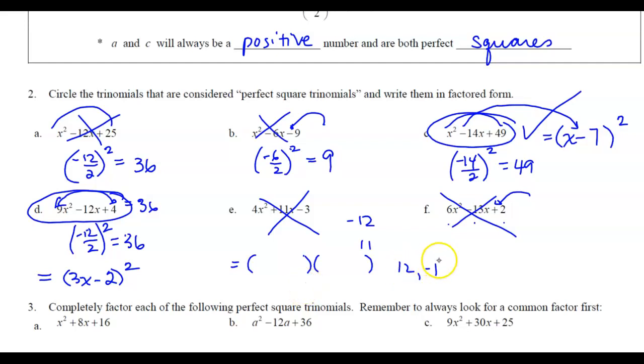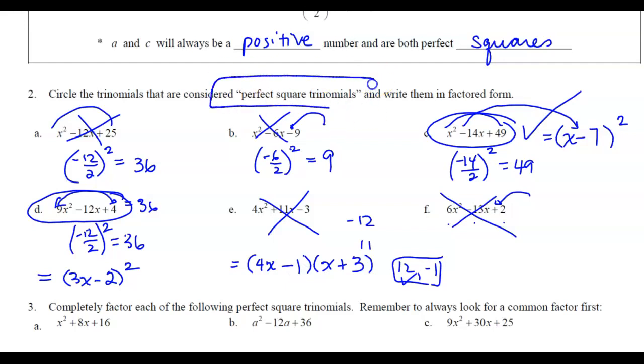So we can find those two numbers. It's going to be 4x and x, because if we did 2 and 2, we could never get a 1 when we expand back. So then our outside could be plus 3 to give positive 12, and our inside would be negative 1. Okay, so that's a non-simple trinomial. It is not a perfect square trinomial. That's why I crossed it off. So you can factor it, but it's not a perfect square trinomial.